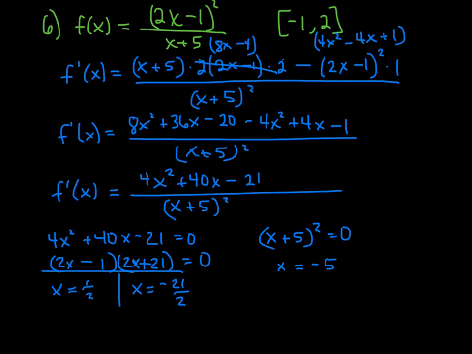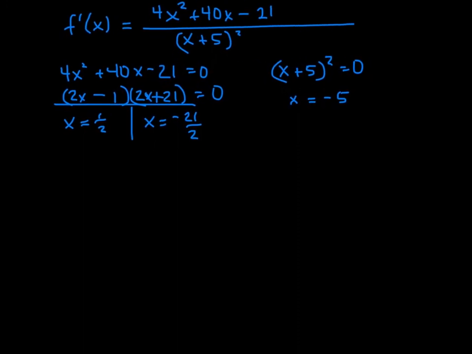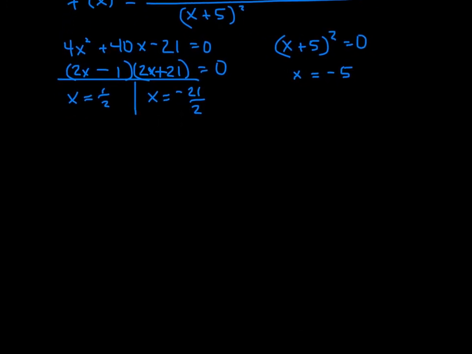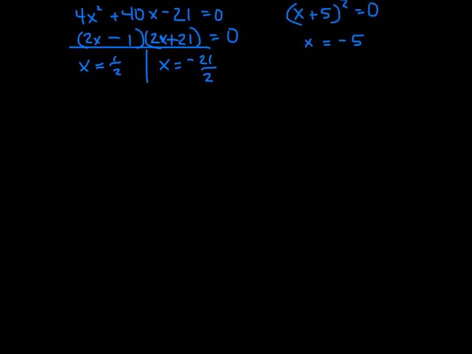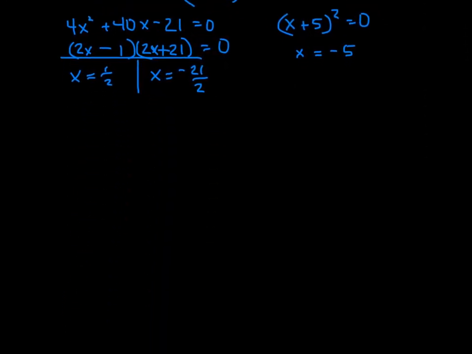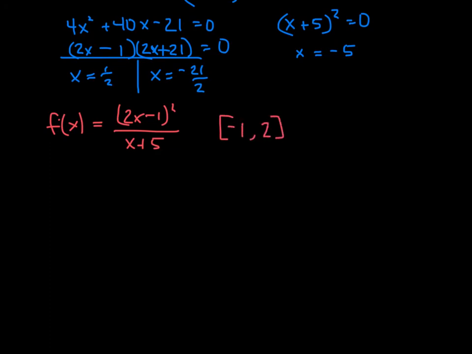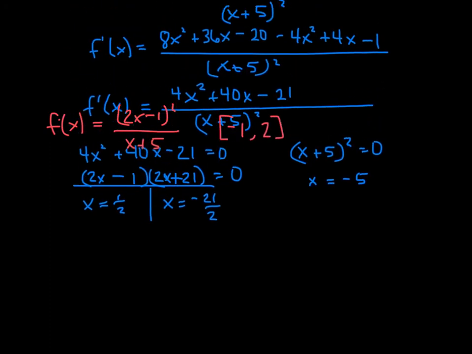I want to test those into my original function, which was (2x minus 1) squared over x plus 5. And my interval to work within was from negative 1 to 2, I believe.